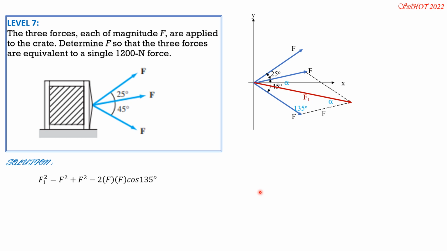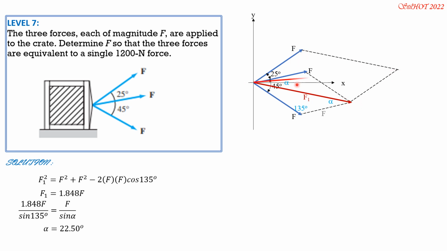So F1 in terms of F is 1.848 F. Then having found F1 in terms of F, we compute alpha by sine law. F1 over sine 135, 1.848 F over sine 135 equals F over sine alpha. Cancel F, so we can solve alpha. As anticipated, 22.5 degrees.